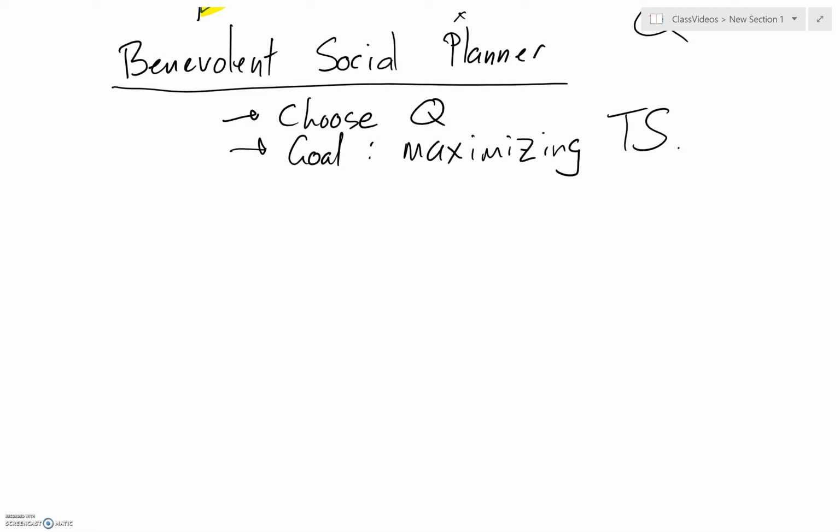Okay, so you might think about this as a more socialized version of an economy, but we're going to think about this as a thought experiment to try and compare, well, what's the best we can do if we had this sort of all-seeing, all-knowing, all-loving social planner, benevolent at least, and is the market doing anything close to what the benevolent social planner would do if they were in charge?